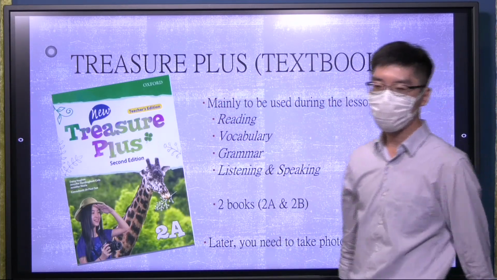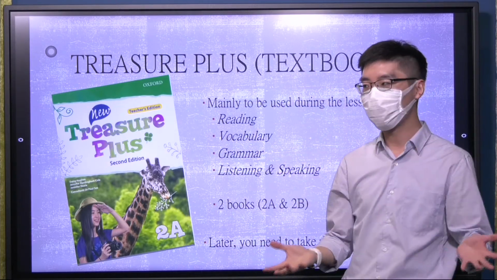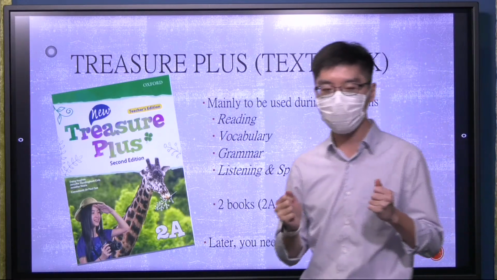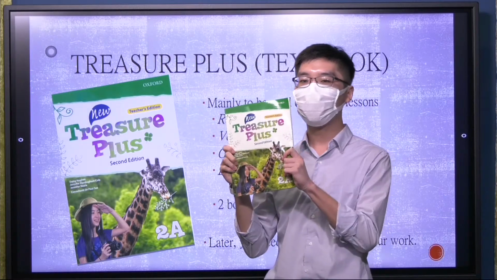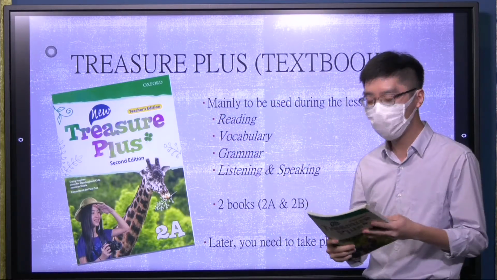When the teacher asks you to take out your Treasure Plus at school, you need to take out your textbook. It is the green one, and it will be used for the whole year.